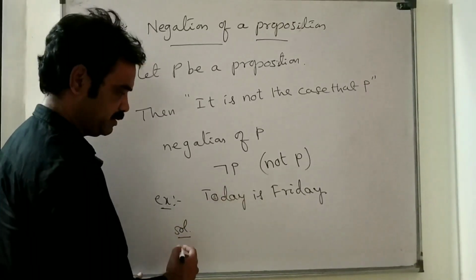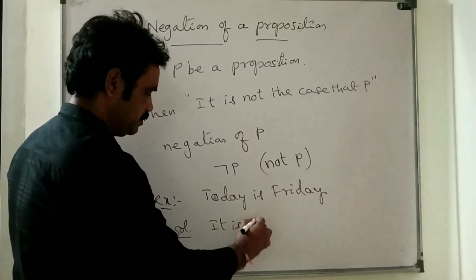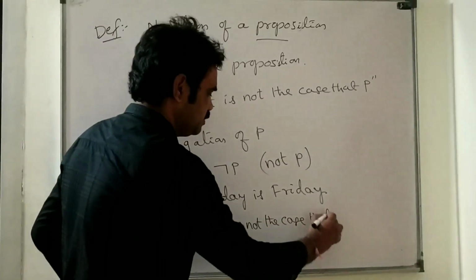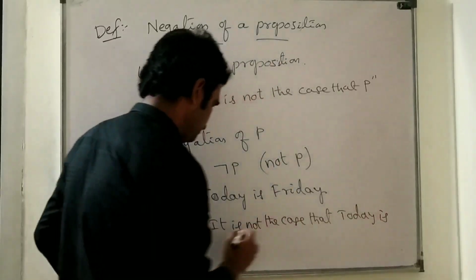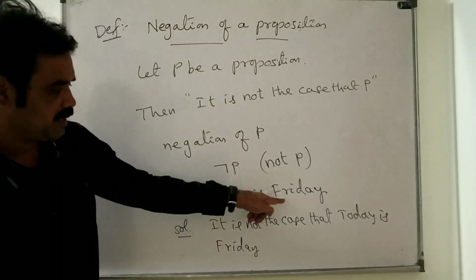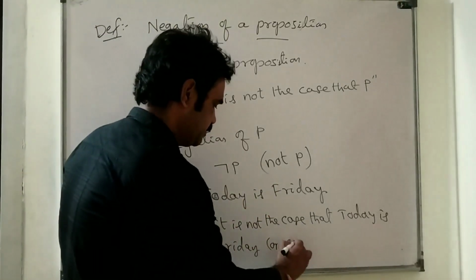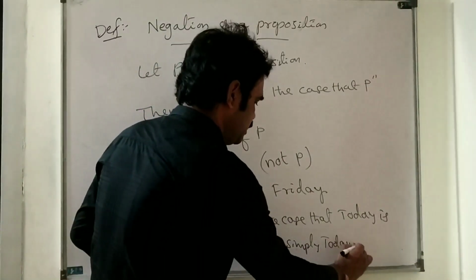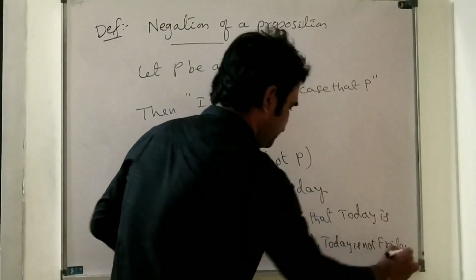Negation of this statement: it is not the case that today is Friday. This is negation of the given statement. Or simply we can write, today is not Friday. You can write the negation like this simply.